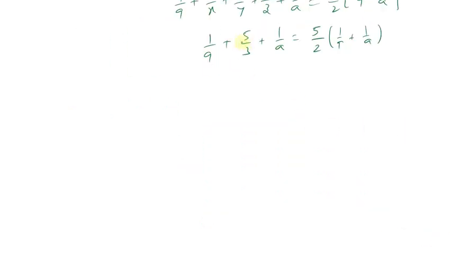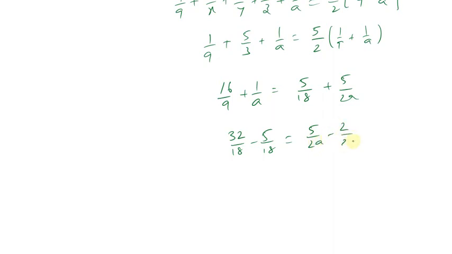So what happens? This is nothing but 15 by 9, and this is 16 by 9 plus 1 by a is equal to 5 by 18, and this is 5 by 2a, and this is nothing but 32 by 18 minus 5 by 18 is equal to 5 by 2a minus 2 by 2a.